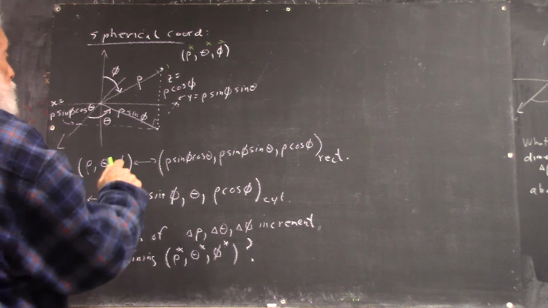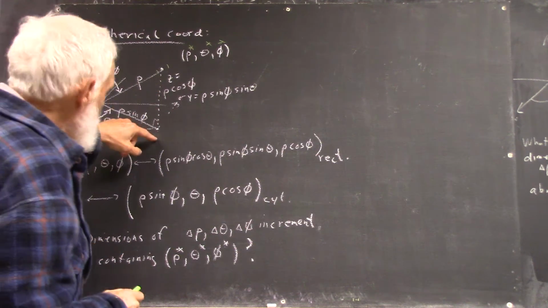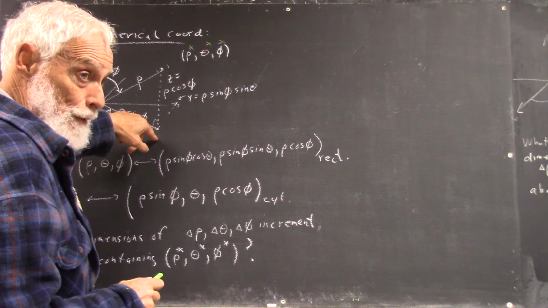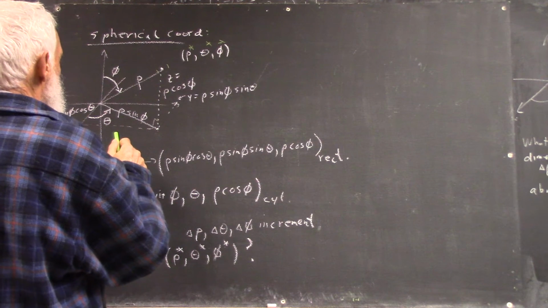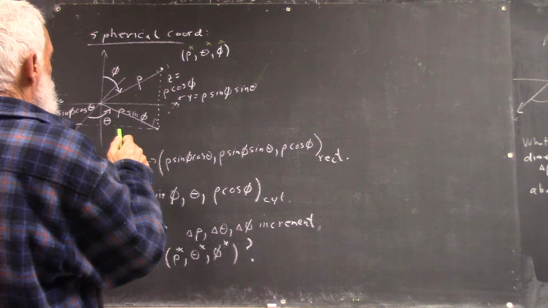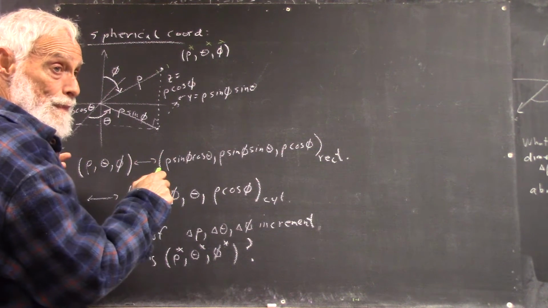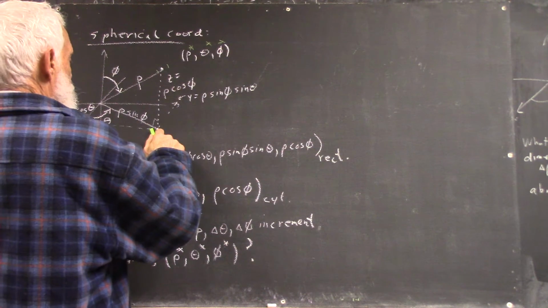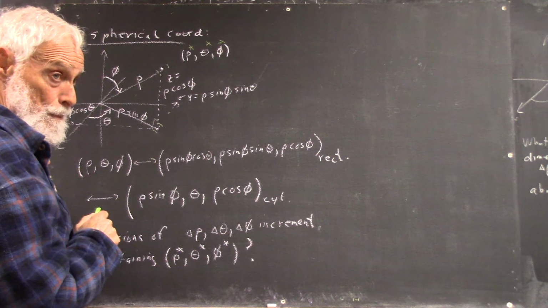What does delta theta do? That restricts the projection of this point between essentially two circles. So it's like you're restricting this between here and here.